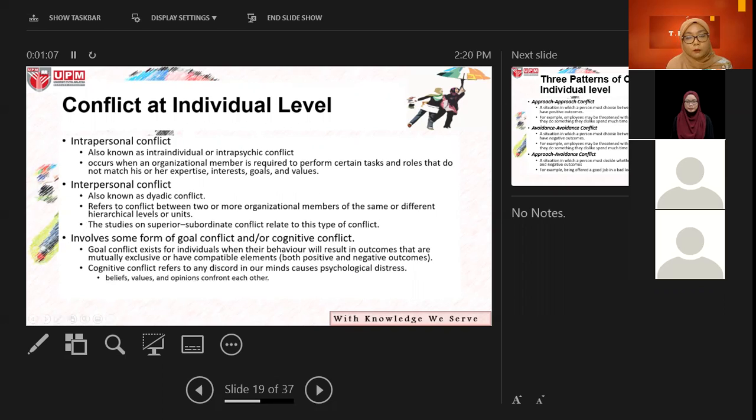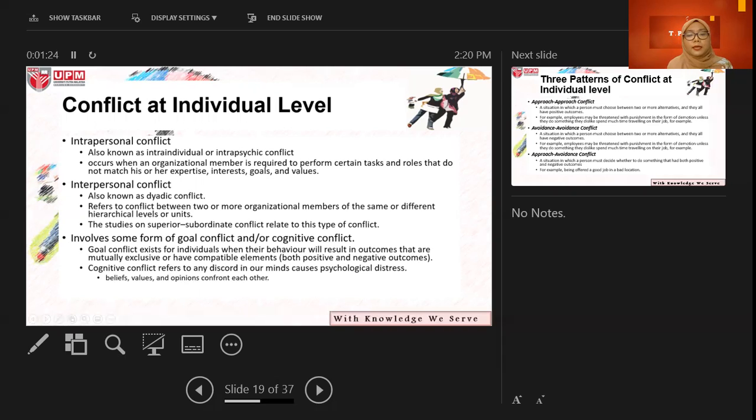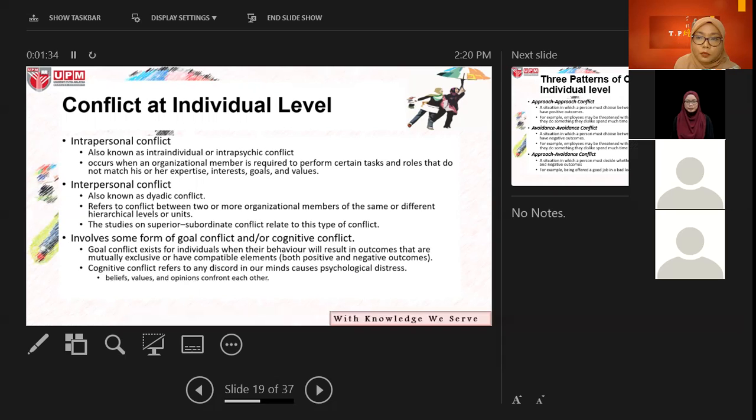So dua-dua ni, conflict at individual level ni, it can involve the goal conflict or cognitive conflict. Cognitive ni something that related to your mind, feel and so on. Goal conflict exists for individual when their behavior will result in outcomes that are mutually exclusive or incompatible. Cognitive conflict refers to any discord in our minds causing psychological distress. So goal conflict ini mostly related to the interpersonal conflict.